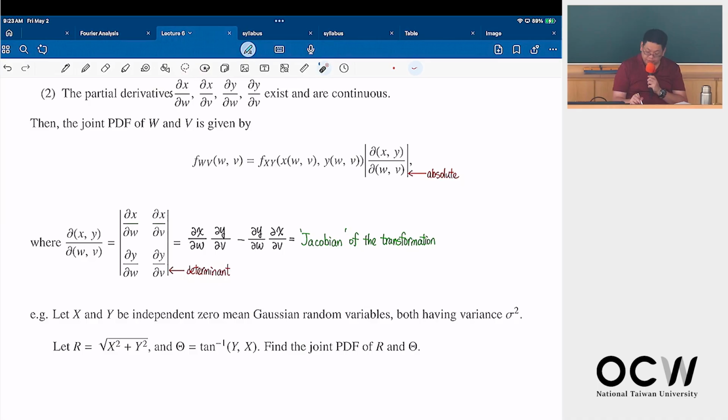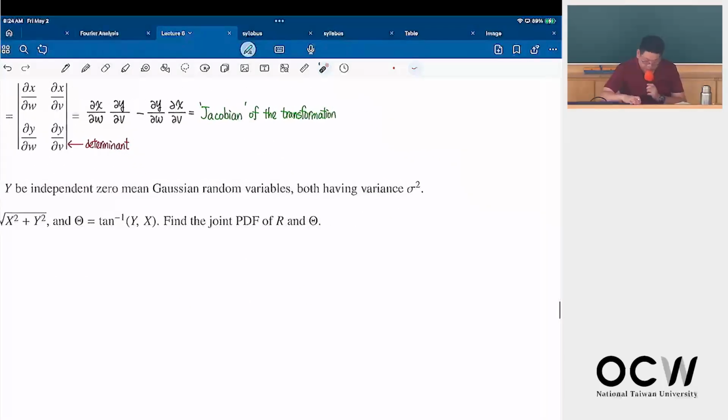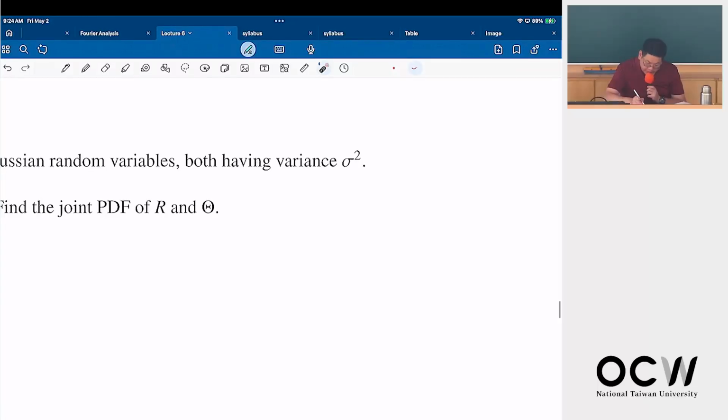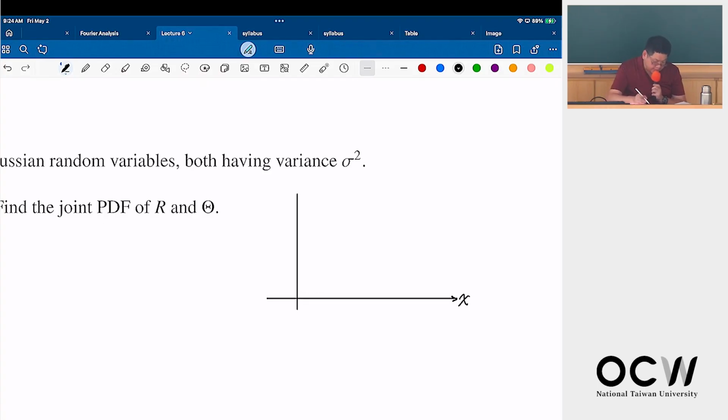Then I want to find the joint PDF of the radius and also the phase, theta. So here we can draw the x and the y.